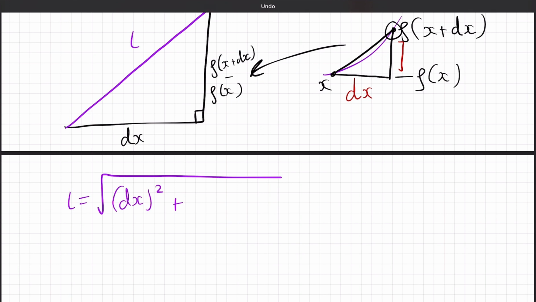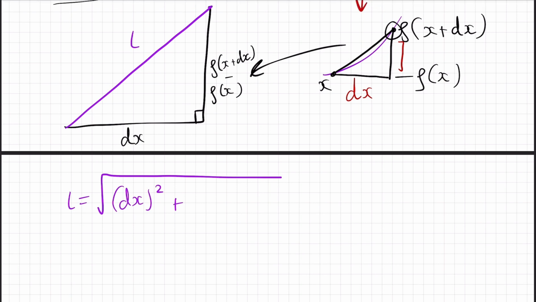So I'm just going to write this like so, f of x plus dx minus f of x, and we'll just put that in brackets. That might be looking a bit confusing now, but there's also another way we can think about this.